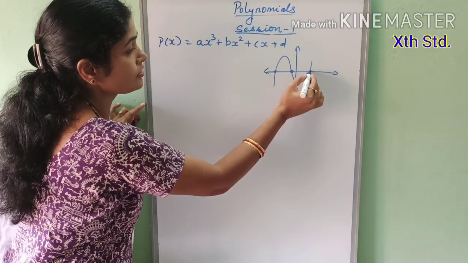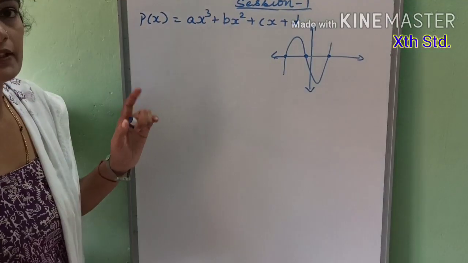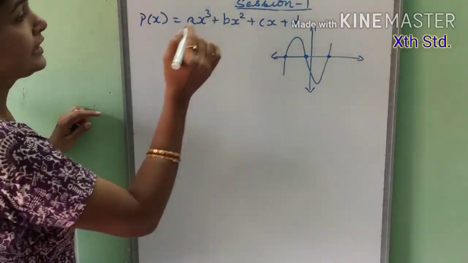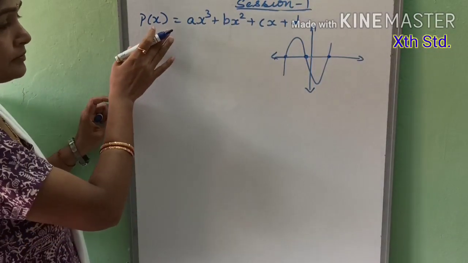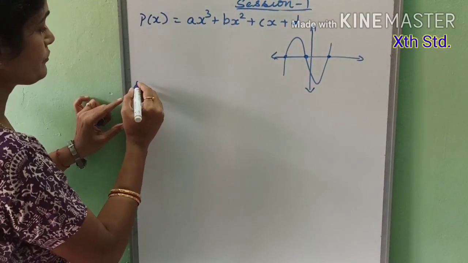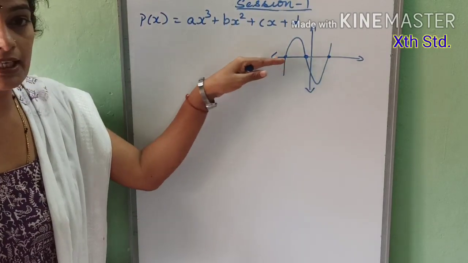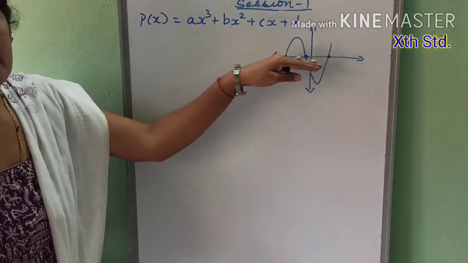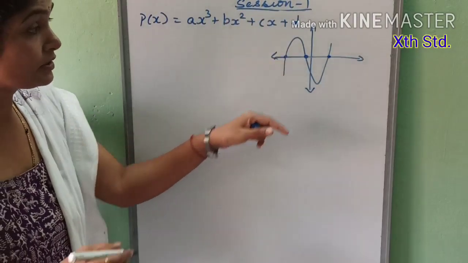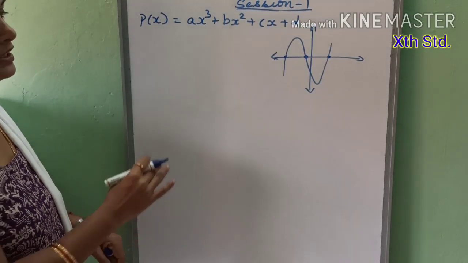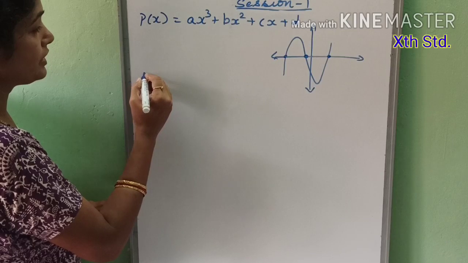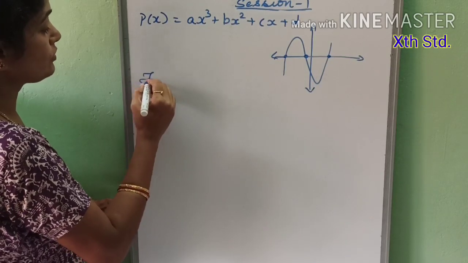So how many zeros are there? There are 3 zeros for it, right? What is the geometrical meaning of the zeros of this polynomial? They are the points on the x-axis where the graph intersects it. Clear? Okay. So write down what it will be.